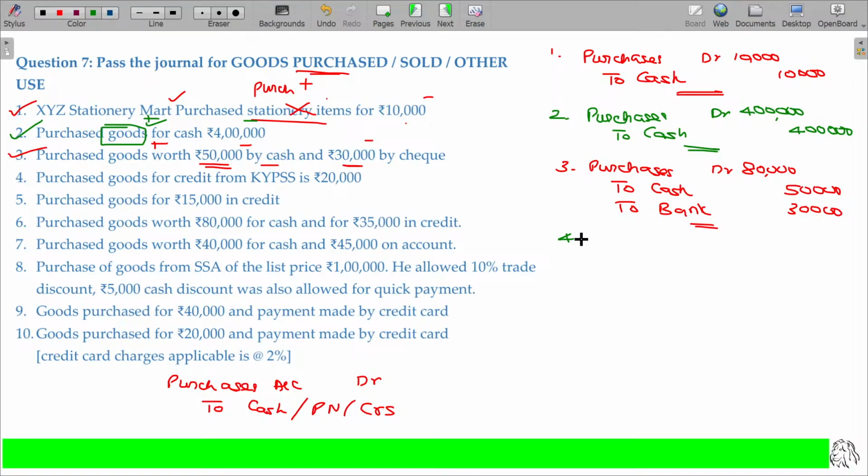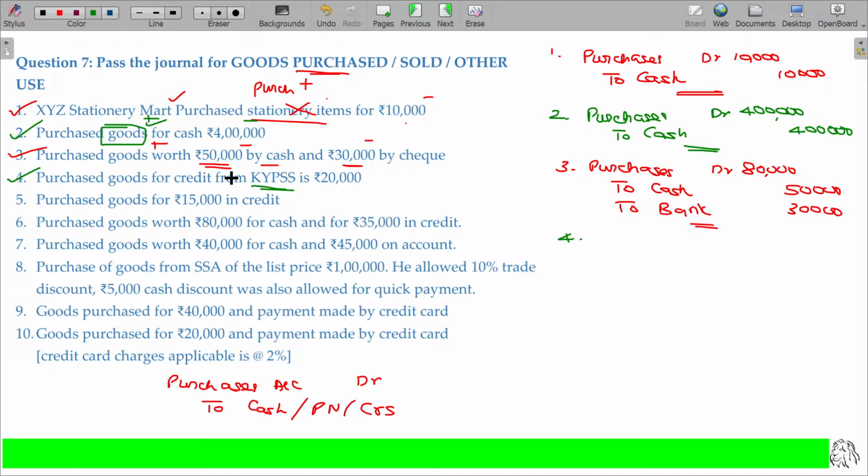Fourth one, purchased goods for credit from KIPS. Now, fourth one.